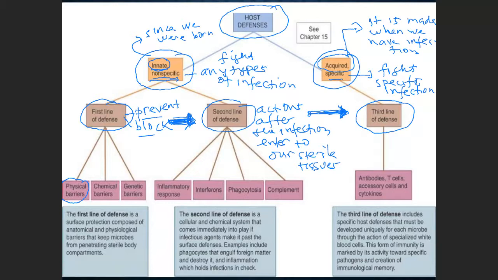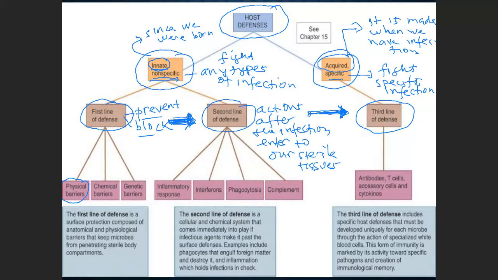Another example is our nose. There are hairs and mucus that become a physical barrier for the entrance of many microorganisms. The microorganisms will be filtered by this hair and also the mucus in our nose. So this is an example of physical barrier of the first line of defense.